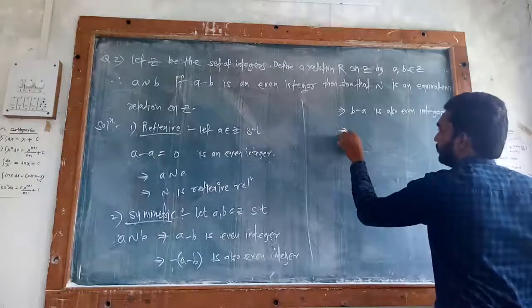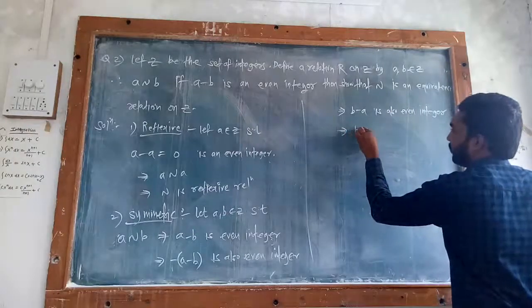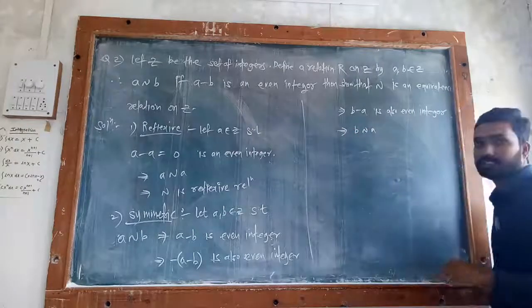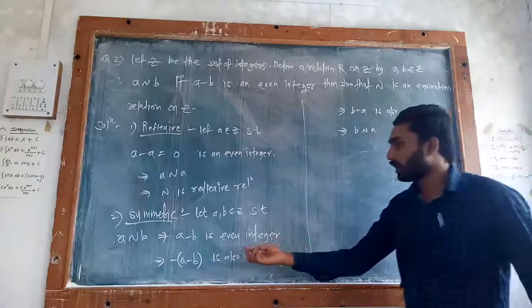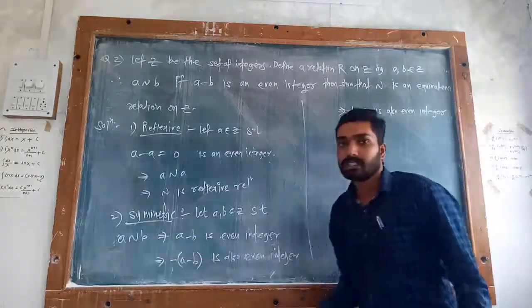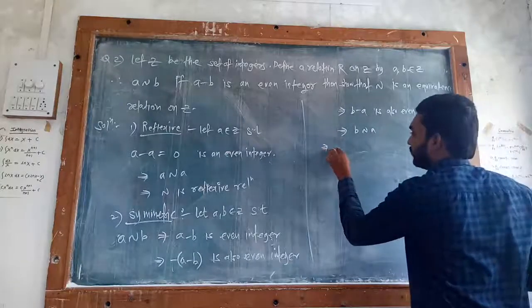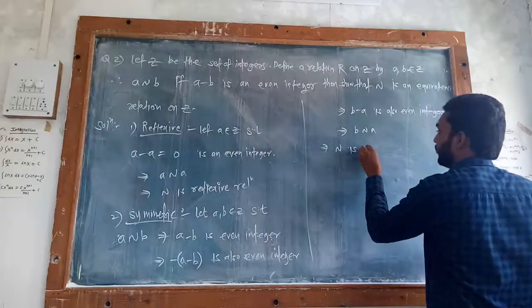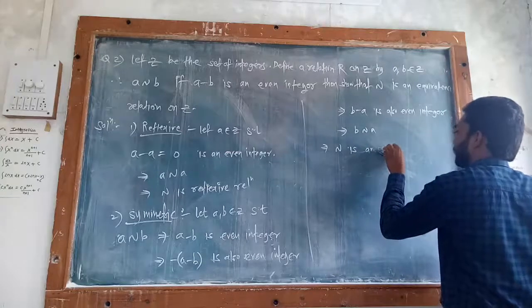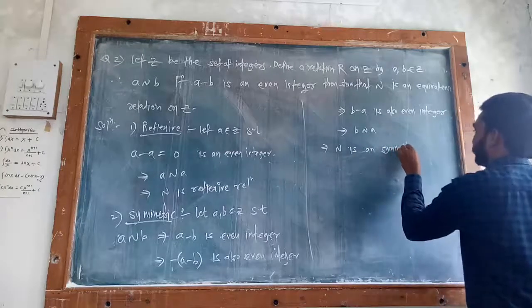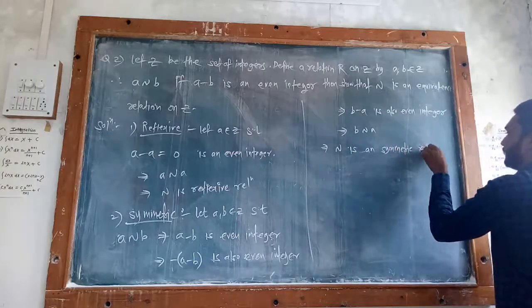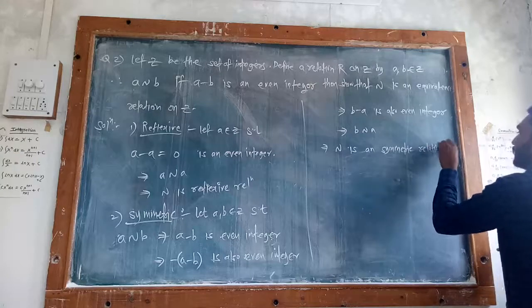That implies b minus a being even means b is equivalent to a. We assumed a is equivalent to b, so we get b equivalent to a. So this is a symmetric relation. This is your second case.